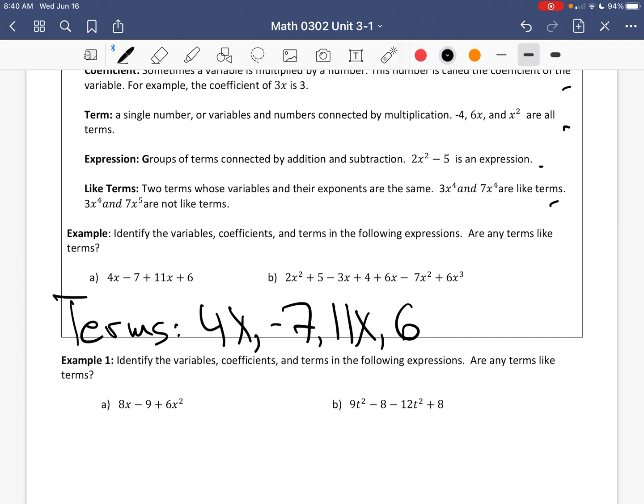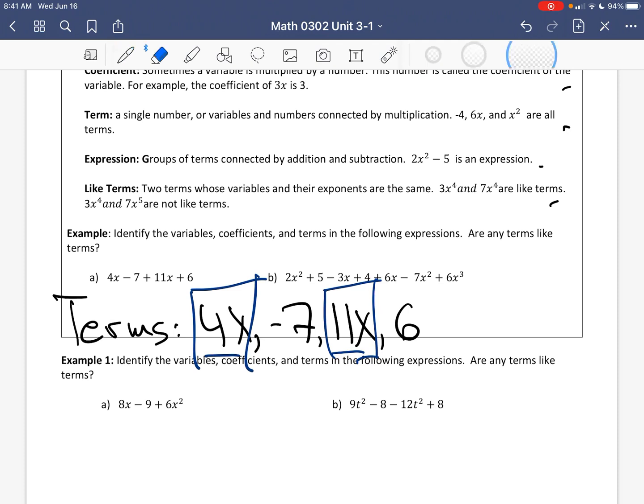Then they ask us to see if any of the terms are like terms, and yes, the term 4x and the term 11x, I'll put a box around them. Those will be the like terms. This is example part A: we identified the variables, coefficients, and terms in the expression, and we also identified the like terms.